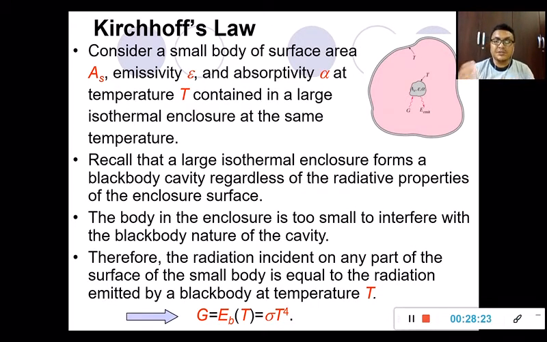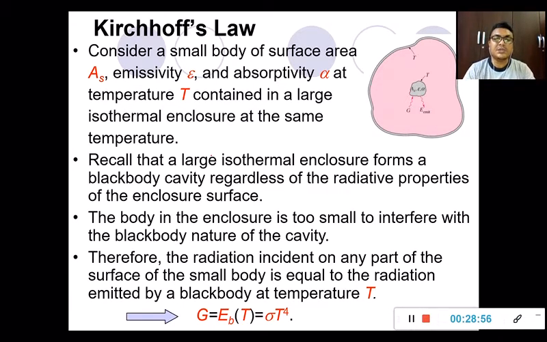Okay, Kirchhoff's law is applied not only in electrical law, but in heat energy also. Consider a small body of surface area A with emissivity epsilon, absorptivity alpha and temperature T, contained in a large isothermal enclosure at the same temperature.